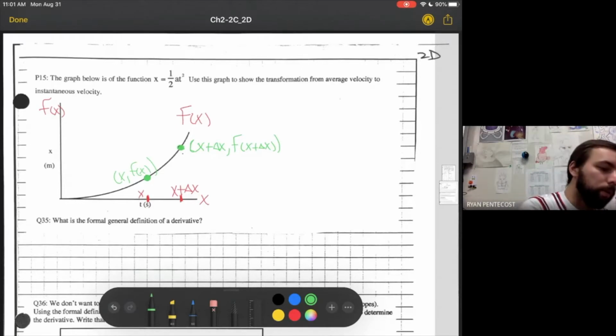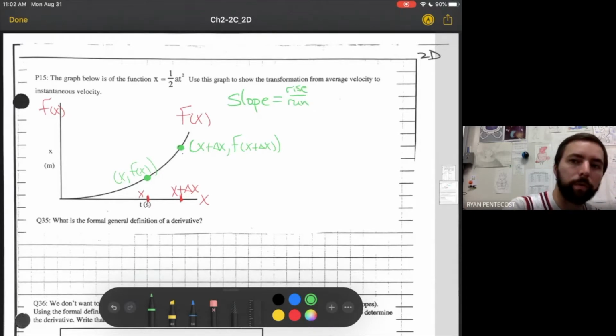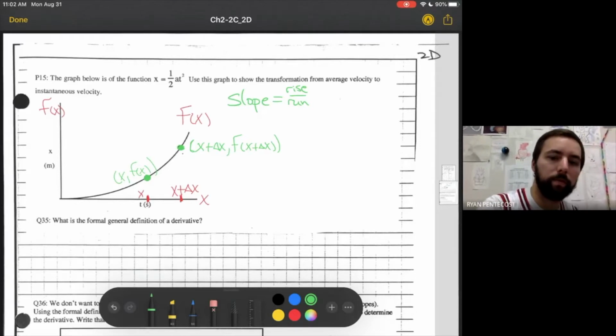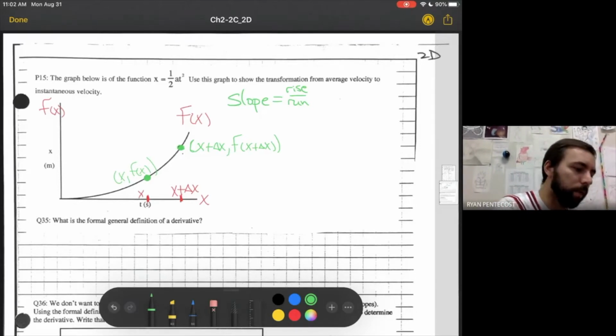Now, usually when you want to find the slope, because we want the velocity from a position graph, let's find the slope. So slope is rise over run, which we did before. Rise over run, which is the change in y over the change in x.